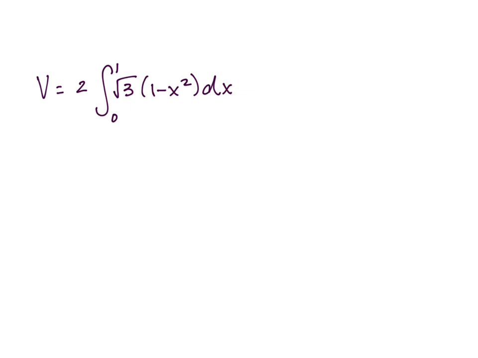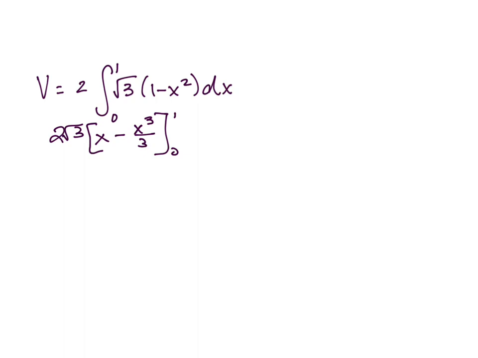You could pull the square root 3 out, so you could have 2 square root 3 times the integral of 1 minus x squared. Well, what do you got? What's the antiderivative? x minus x cubed over 3. And we're going to evaluate from 0 to 1.